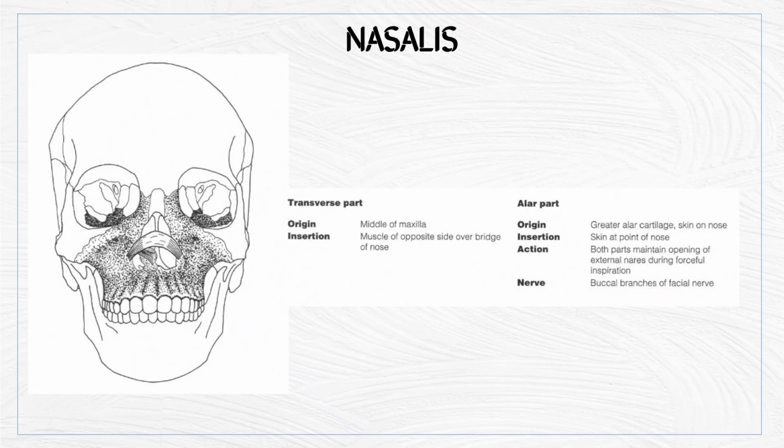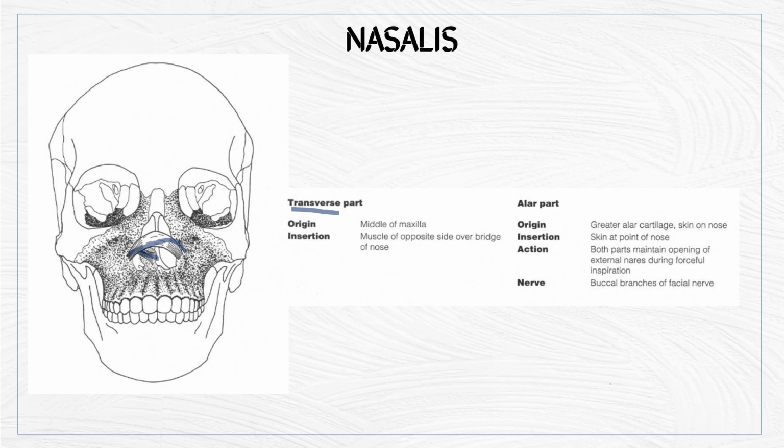Then the next muscle is the nasalis muscle. It has two parts. One is the transverse part, and the second one is the alar part. The transverse part originates from the maxilla, traverses the nasal bone and is inserted into the muscle of the opposite side.